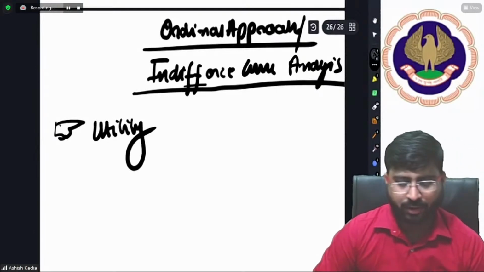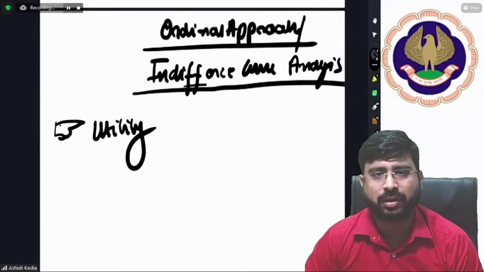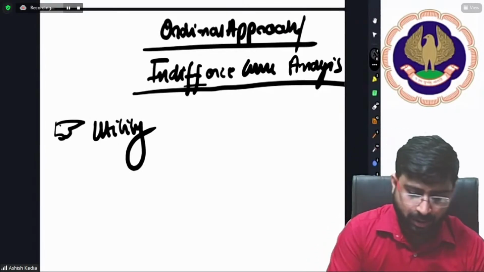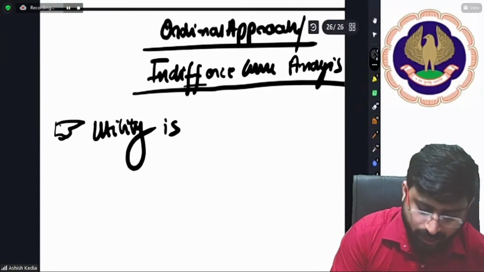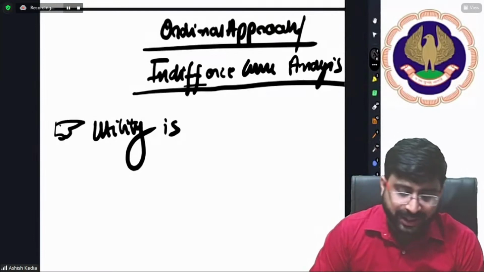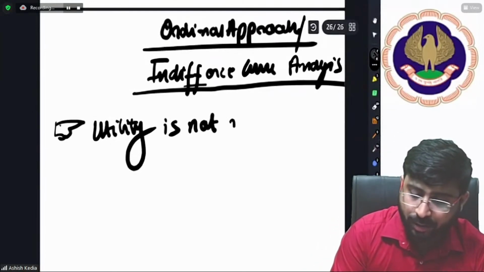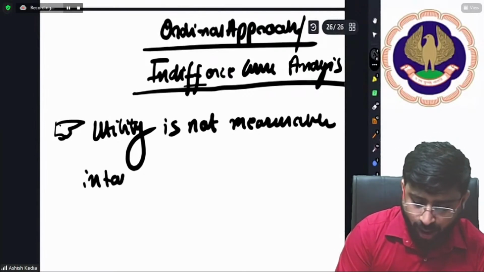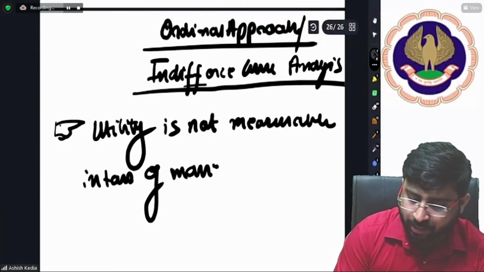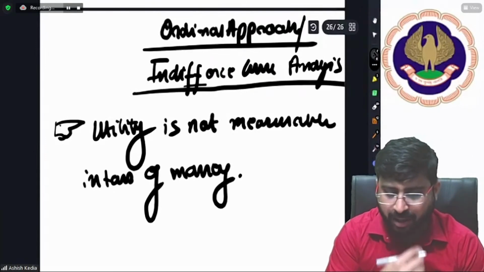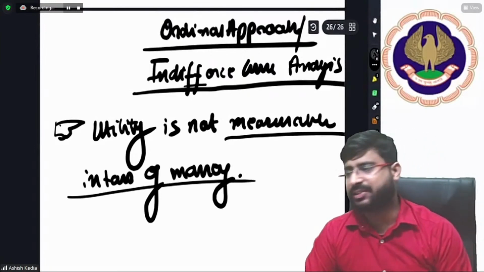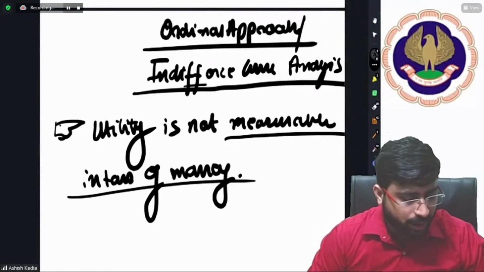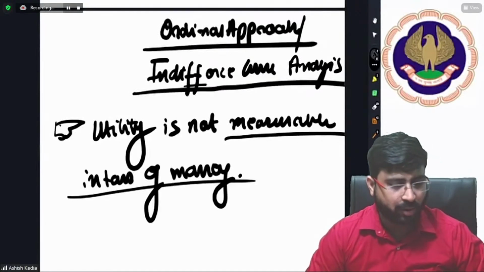The first point is very simple, very important indeed: utility is not measurable, not expressible in terms of money. That is the key point here. Is that crystal clear, friends? Yes or no?